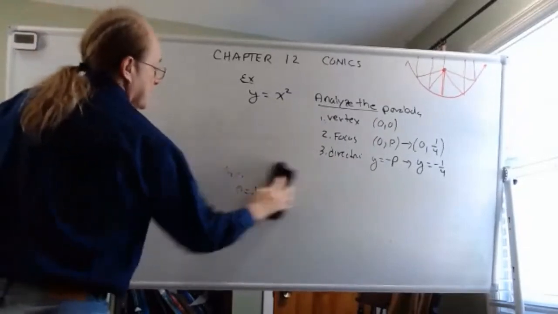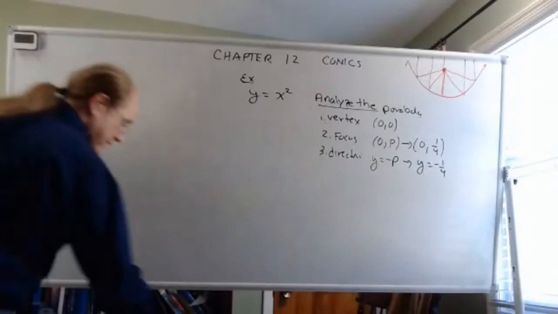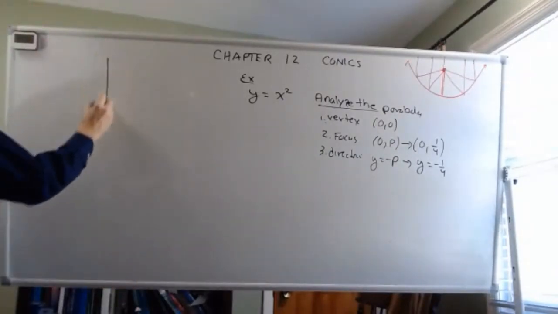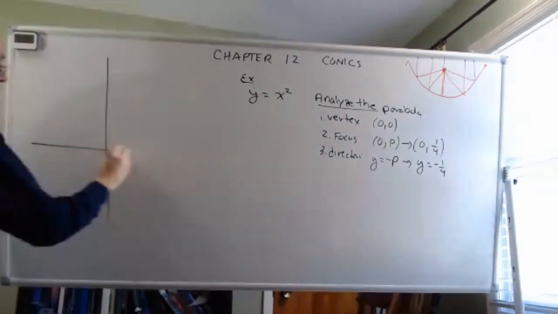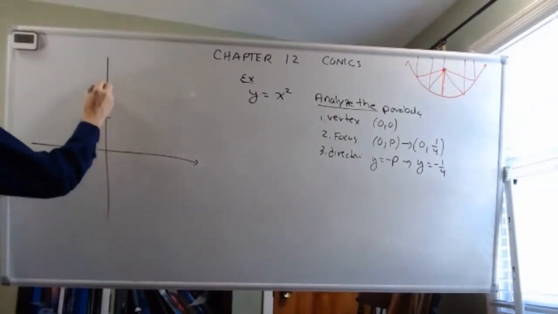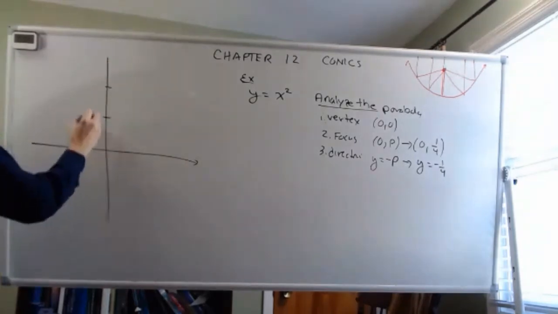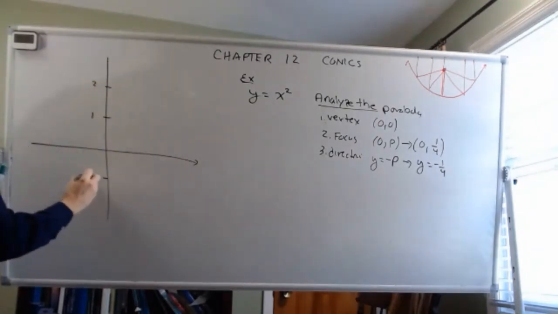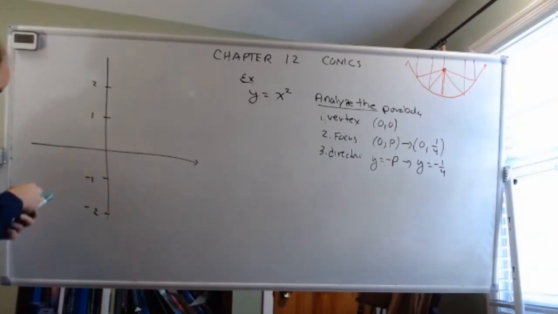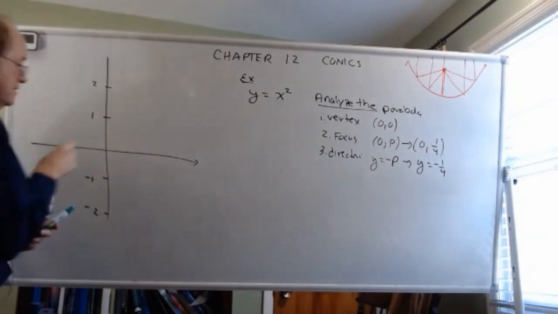So if I want the picture of that, here's my XY coordinate system. Let's go out to, say, 1, 2. Its vertex is here.